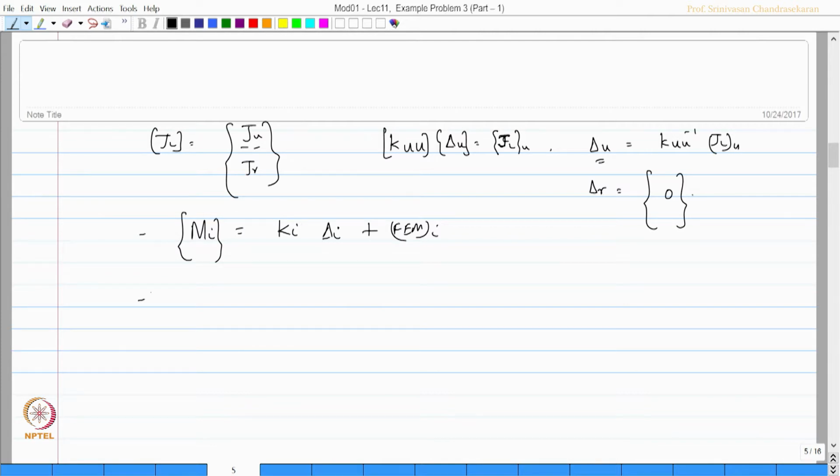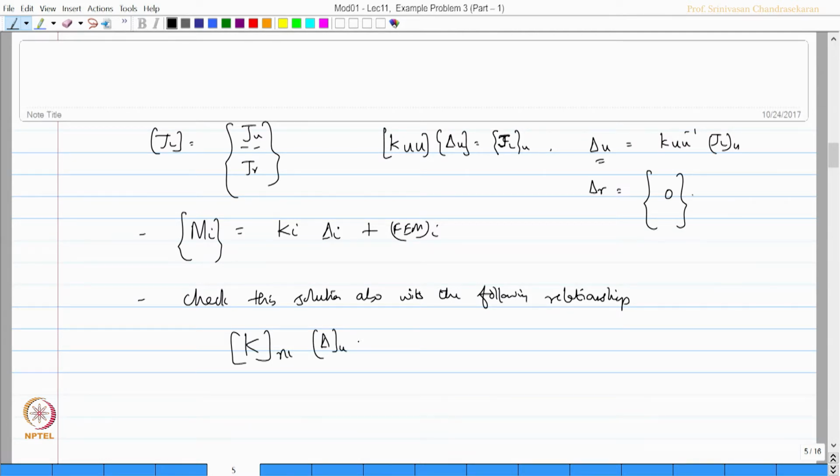Then one can also check this solution with the following relationship: Kru delta u minus JLR should also be equal to the reaction R. So, substitute this, examine the results obtained from the previous steps, and then compare and validate.